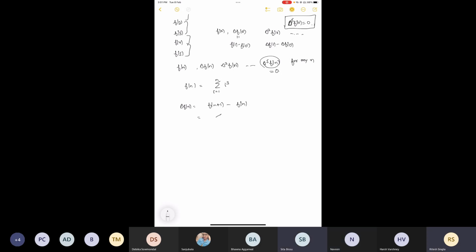It will be the summation of i cubed, i running from 1 to n plus 1, minus the summation of i cubed, i running from 1 to n, which is just n plus 1 cubed. So let me write n cubed plus 3n squared plus 3n plus 1, right?